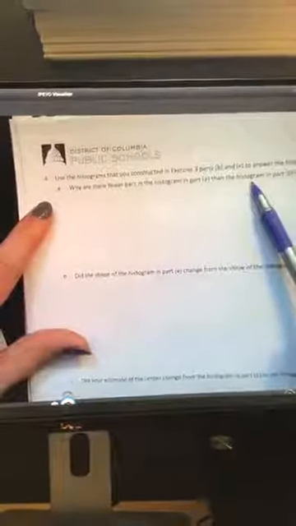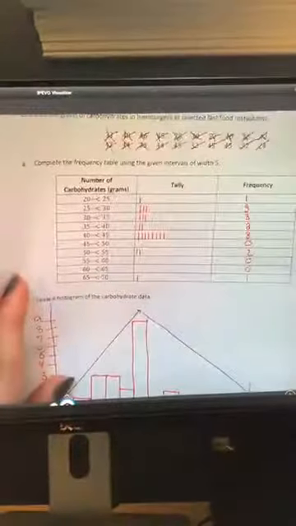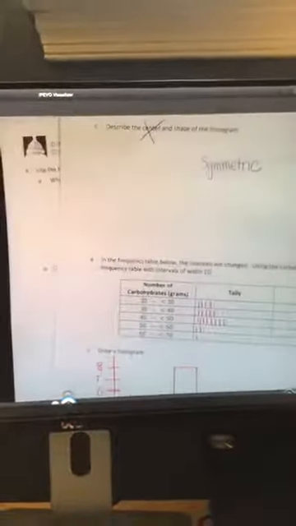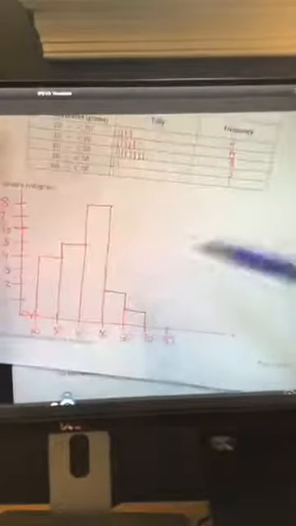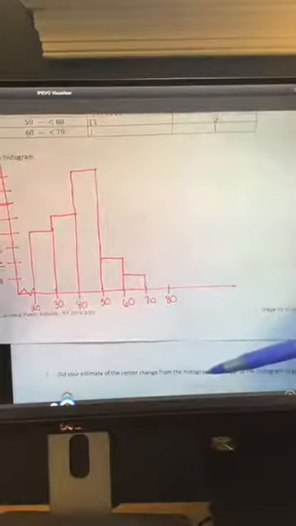All right, so why are there fewer bars in the histogram in part E than there were in part B? Okay, so the question is asking, here we have 1, 2, 3, 4, 5, 6, 7 bars. Here we have 1, 2, 3, 4, 5. So why does this histogram have fewer bars?